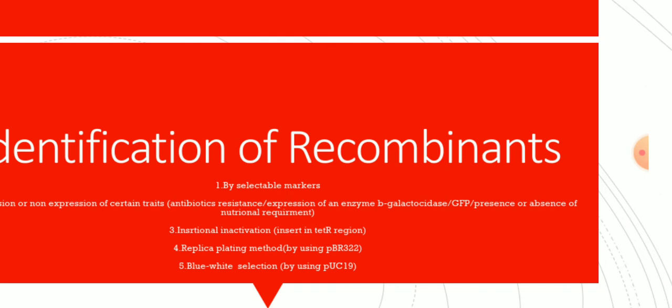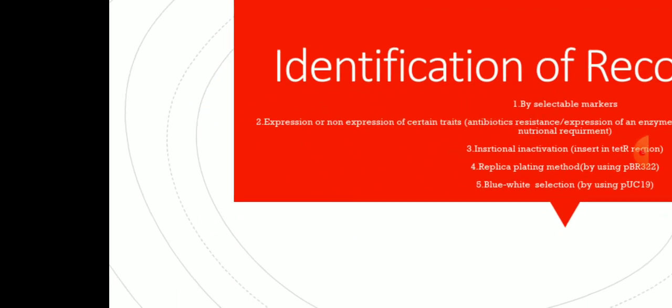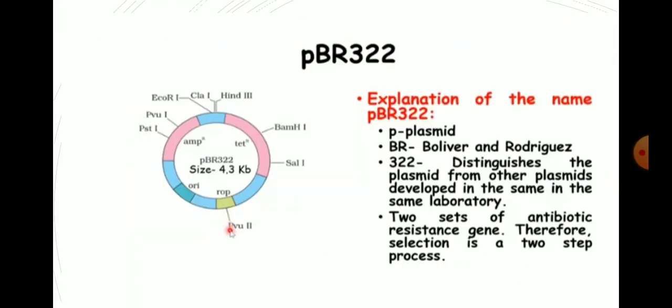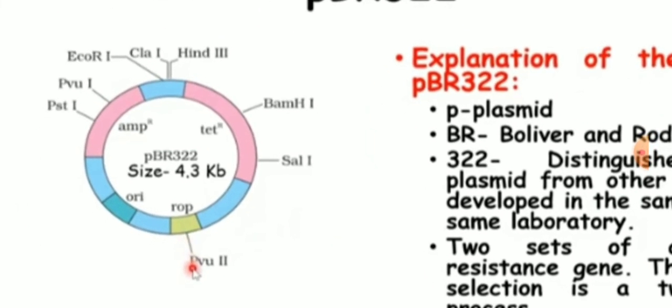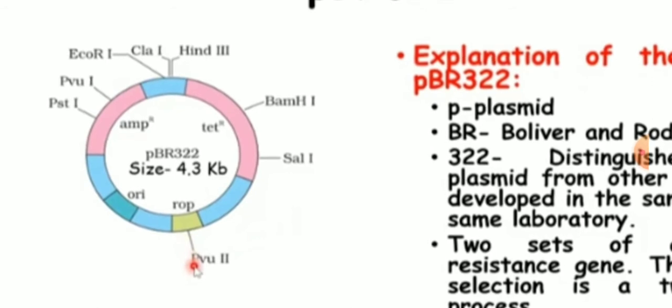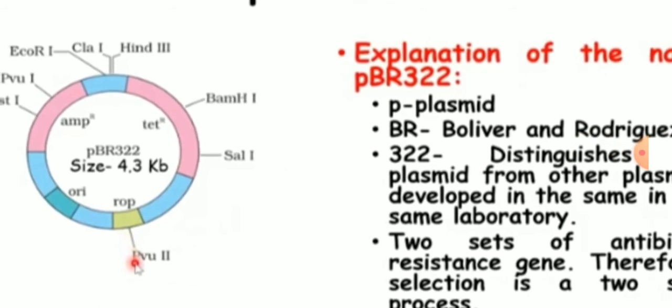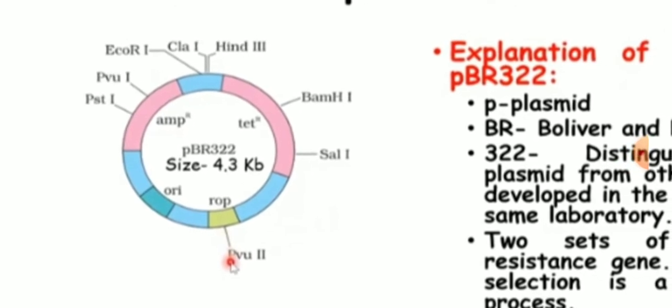For example, if we are using pBR322, this is the exact structure of pBR322, which is the most common plasmid, and you must know the basic structure of pBR322, and I think you are aware of that. Here you can see that this one is the tetracycline resistance gene, and this is the region of the ampicillin resistance gene.